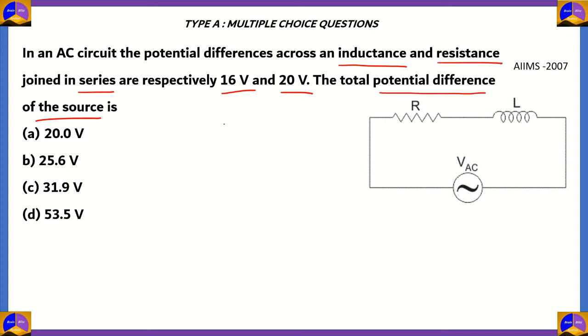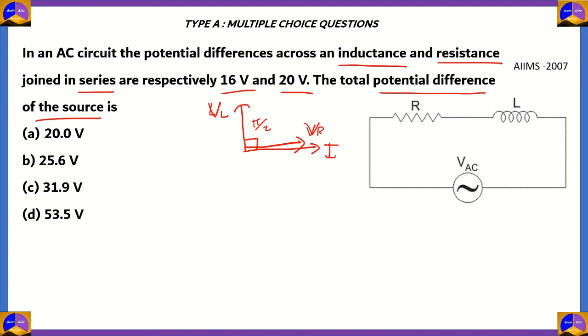Again, in this question, we need to look at the diagram representing the phase difference between the vectors. So for a vector I along a circuit, the potential difference across the resistor is in phase with the current, but the potential difference across the inductor, VL, has a phase difference of pi by 2 with the current, and it leads the current by a phase difference of pi by 2.